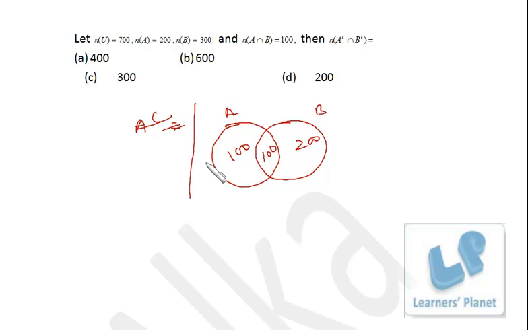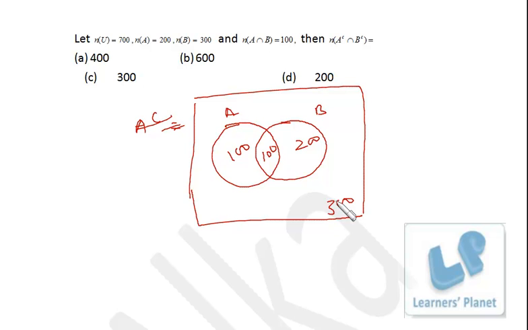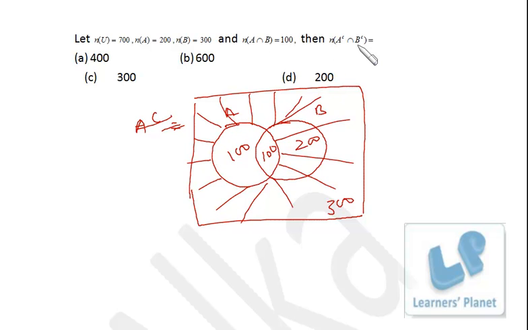That means the remaining 300 we are having outside. So A complement means this entire portion. So that is A complement. And for B complement, I just changed the color. B complement is this entire portion.